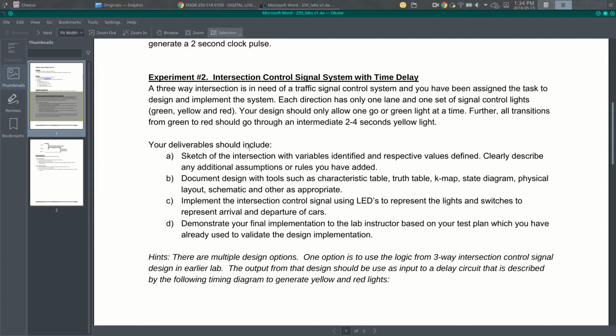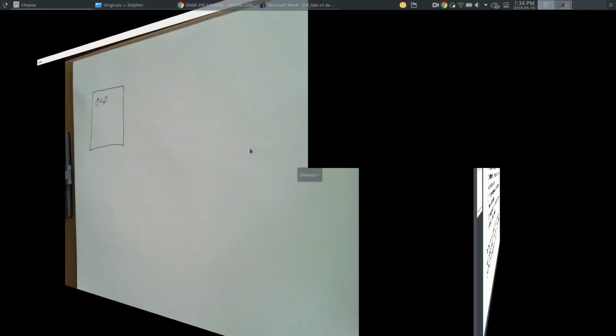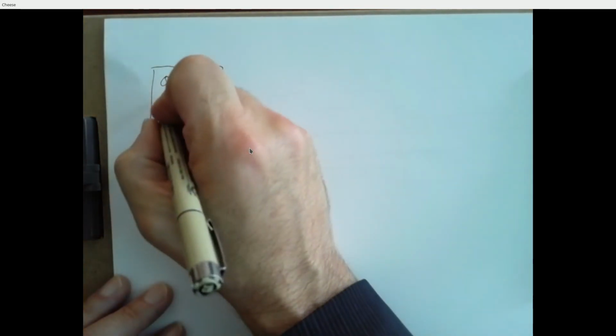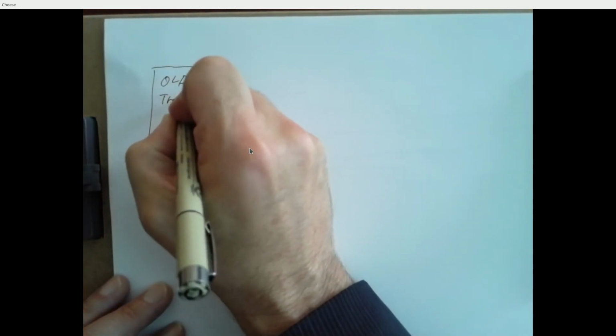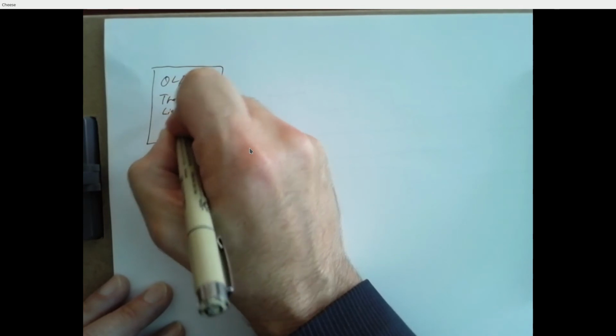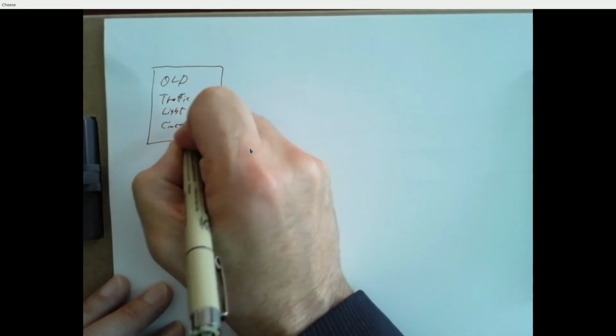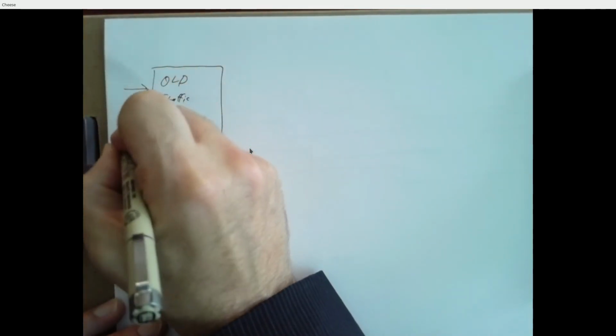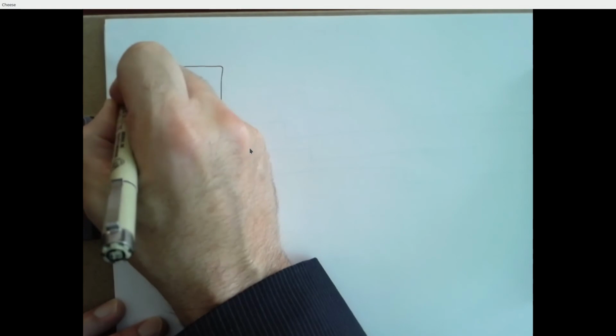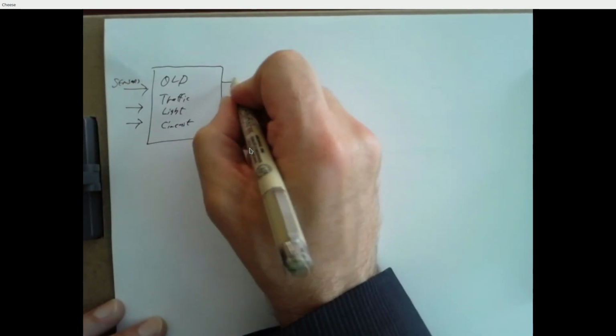All right, so here's the setup. Over here is your old traffic light circuit. And it's got sensors, and it's got outputs.